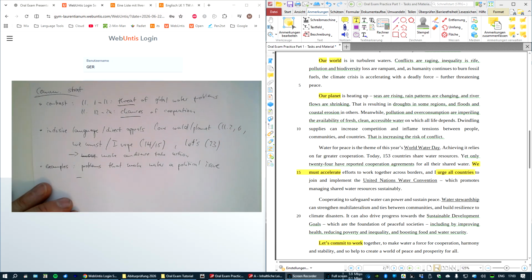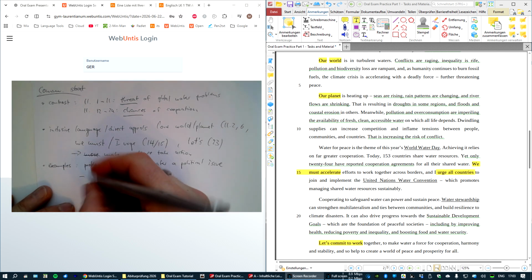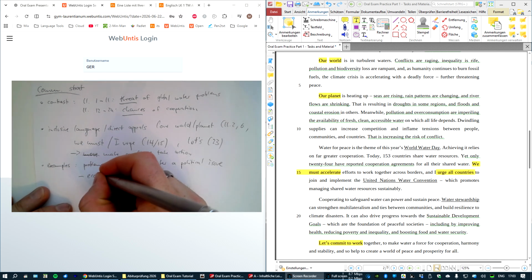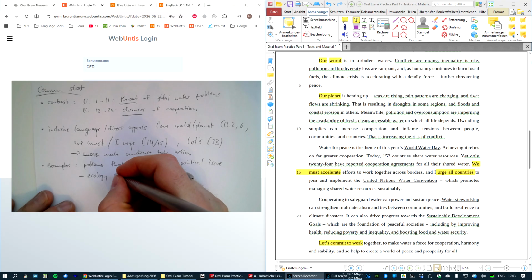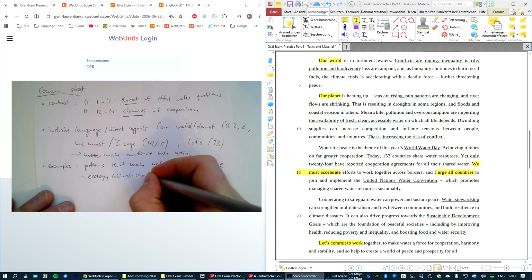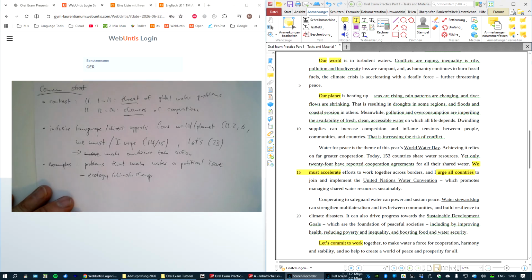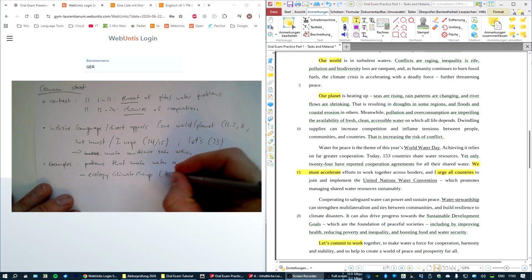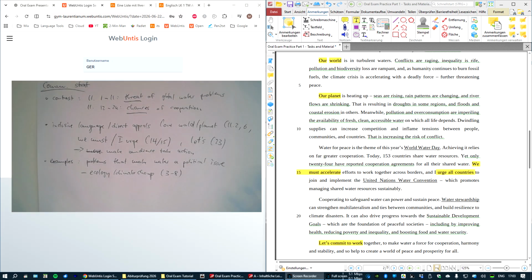So for example, he speaks about the environment, ecology, with climate change. Find that basically in lines 3 to 8. There you can take a look at that as well.